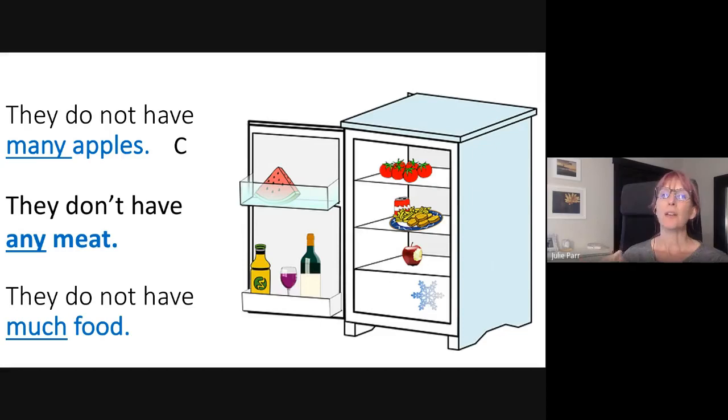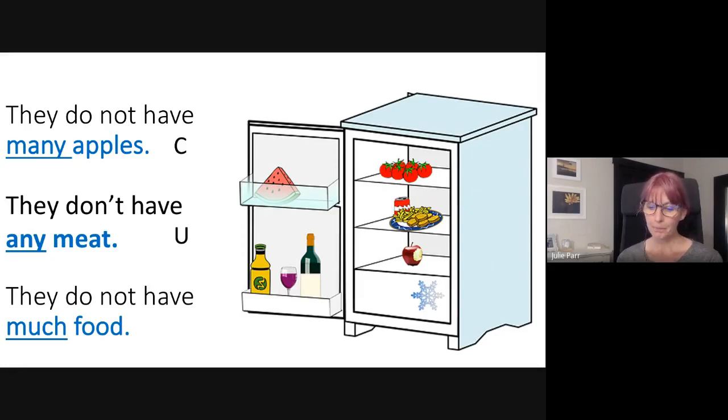Apples are countable. I will use the word many with my negative. They do not have many apples. Meat is uncountable. I will use negative plus any and meat. They do not have any meat.